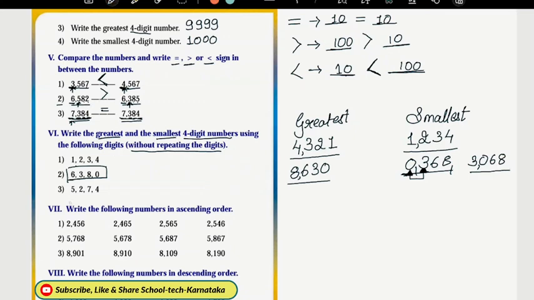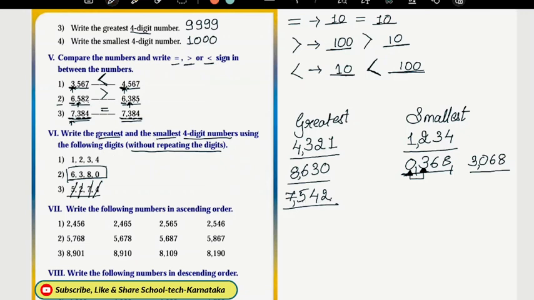Now our last example, 5274. For the greatest number, we need to find the greatest digit, 7. Then we have 5, 4 and 2.